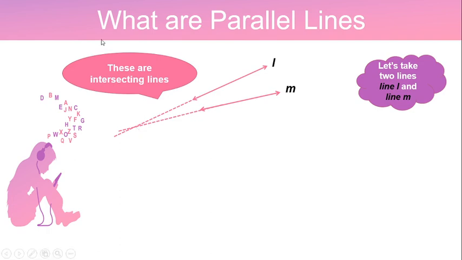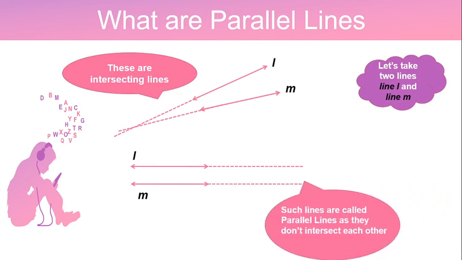So, these types of lines, which after extending meet somewhere, as in this example, are called intersecting lines. Take one more example in which they do not meet each other after extending. Such lines are called parallel lines as they do not intersect each other.